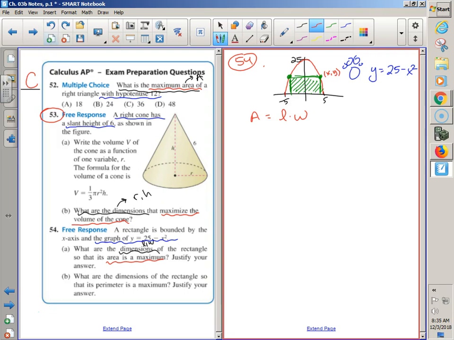Whatever the rectangle is, that's an xy, that's an xy, that's an xy. So 2x, 1y. So I can rewrite area to be 2x times y. Oh, life is easy, right?